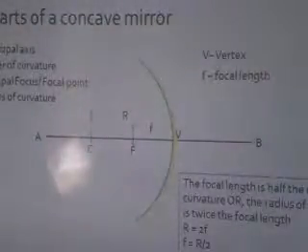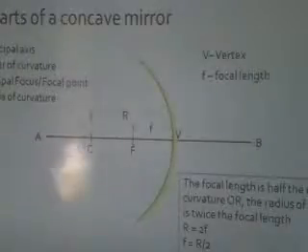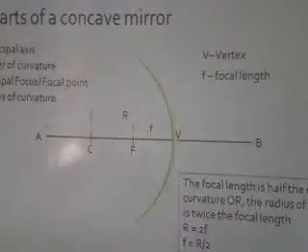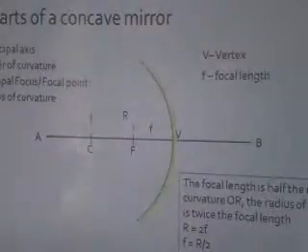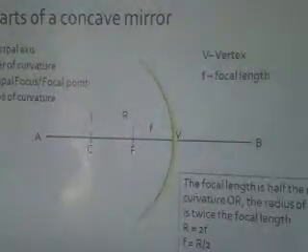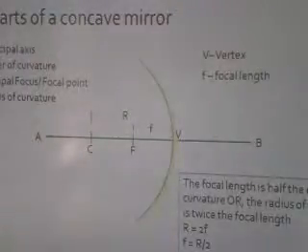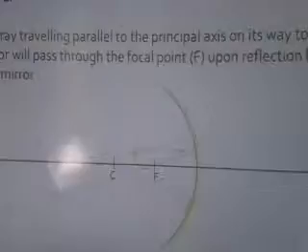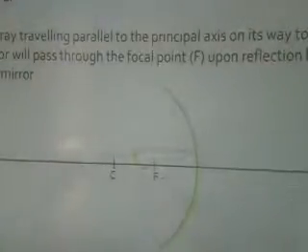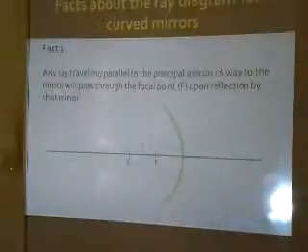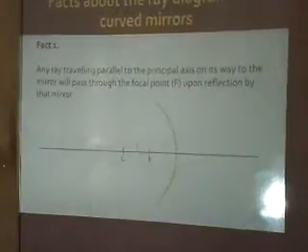Okay, now we are moving on to the ray diagram, where various images depending on the position of the object are formed. As we go through the ray diagram, it is very important for us to know three facts that govern the ray diagram.